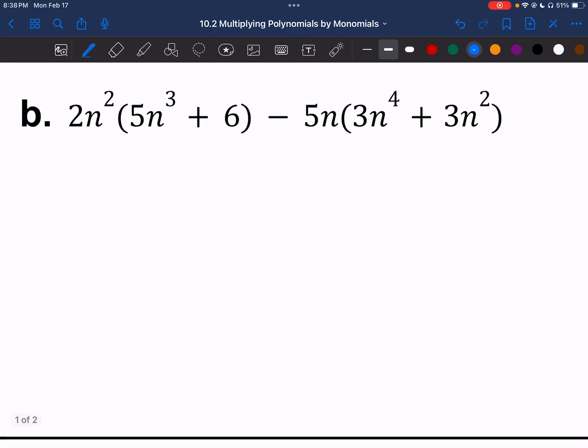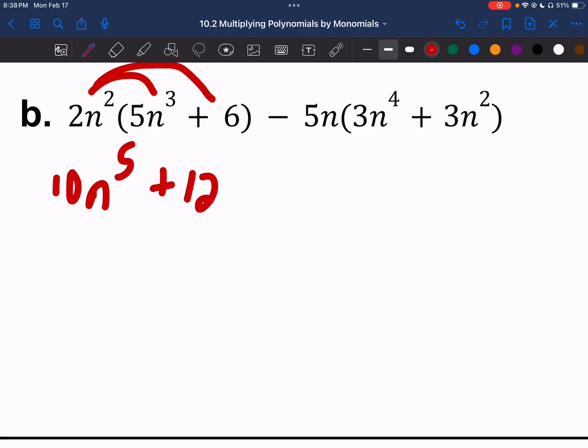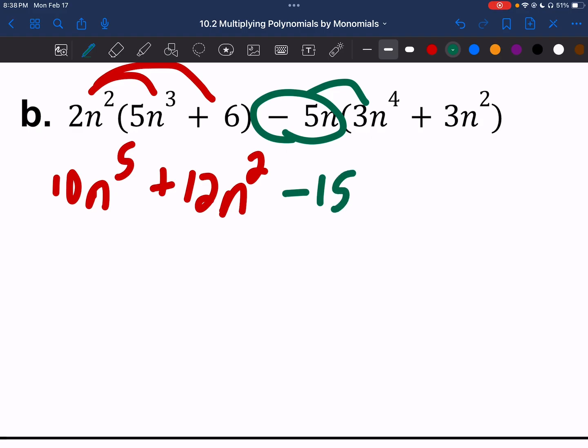All right. Letter B. We start off with our distributions. So we get 10n to the fifth plus 12n squared minus 5n squared. So we have minus 15n to the fifth. And then we multiply negative 5n times 3n squared, and that's going to be minus 15n cubed.